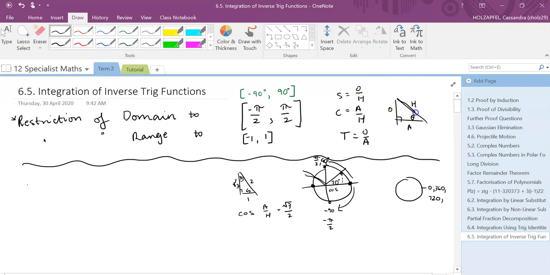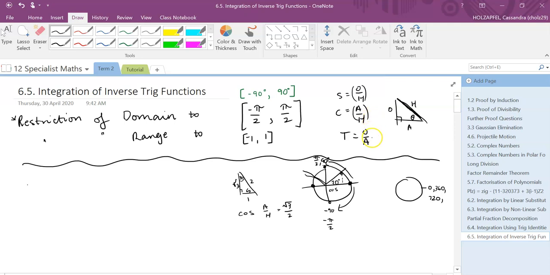For every single right angle triangle, the hypotenuse is the largest side. So no matter what values we have for the opposite side and the adjacent side, the hypotenuse is always going to be larger. So this solution will always end up being a fraction, so it's never going to go bigger or smaller than negative 1 and positive 1.